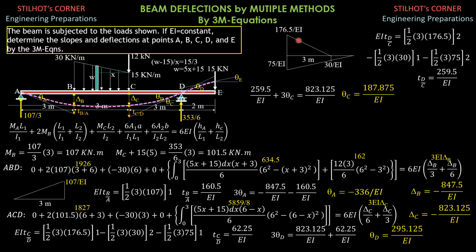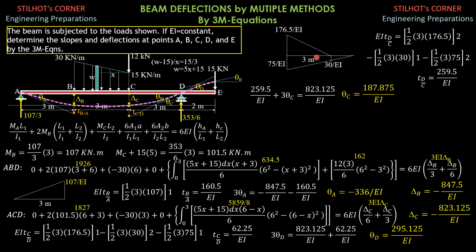And this is the moment diagram. 353 over 6 times 3 is 176.5 over EI at C. Then the moment of the 15 kilonewton load, 15 times 2 is 30 over EI. 15 times 5 is 75 over EI. So just concentrate on these two areas.